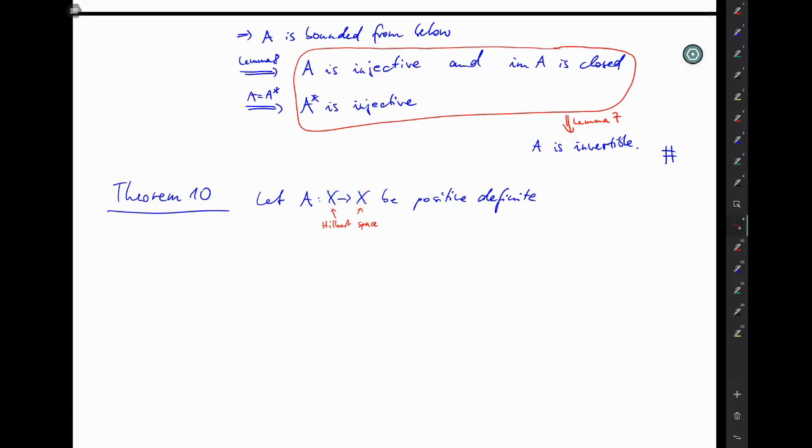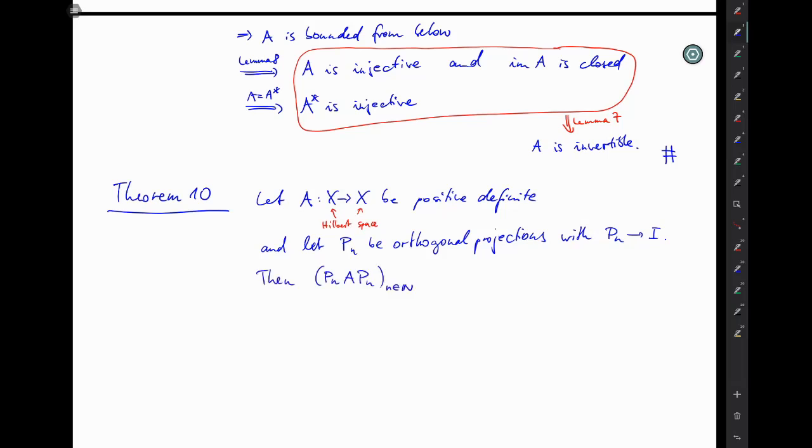And moreover, we expect them to be orthogonal projections. And of course, let's not forget that Pn should converge strongly to the identity. And the theorem says that under these conditions, the method Pn is an applicable projection method to A.